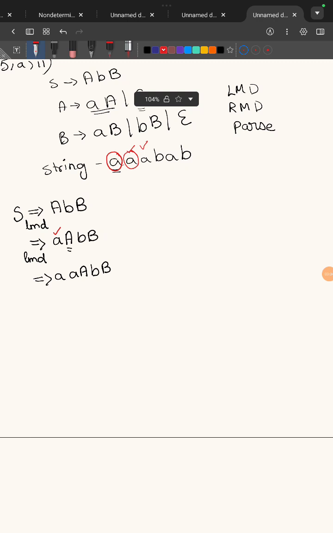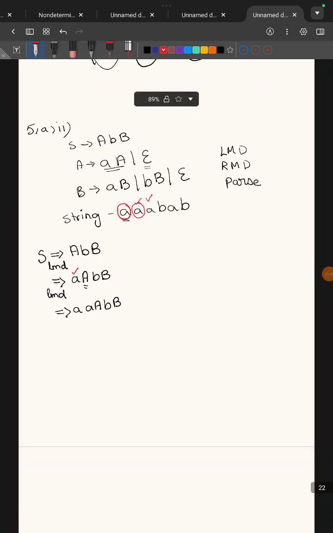Now we have the third a in our string. Now what we have to do? Again the same thing, we will replace the variable A with the symbol a. So 1a, 2a and 3a are all done now. What is the next symbol we are getting?